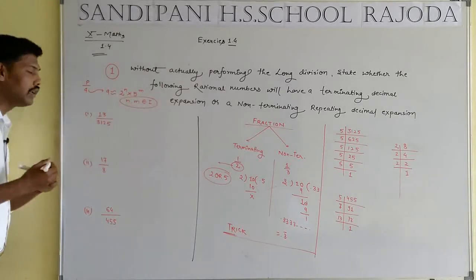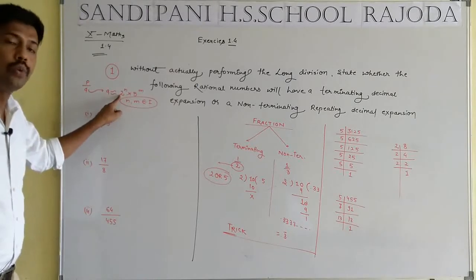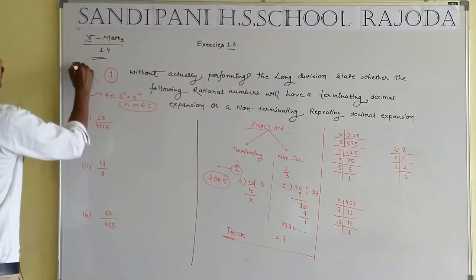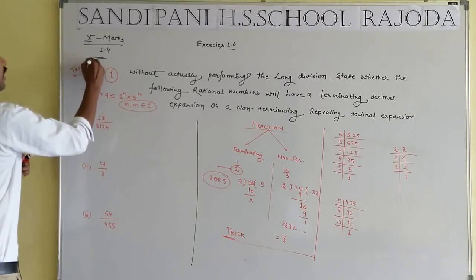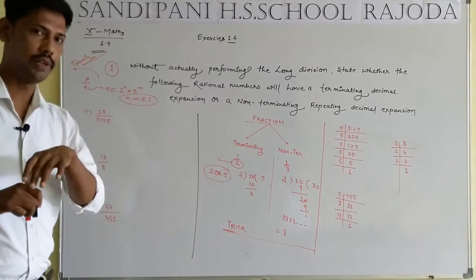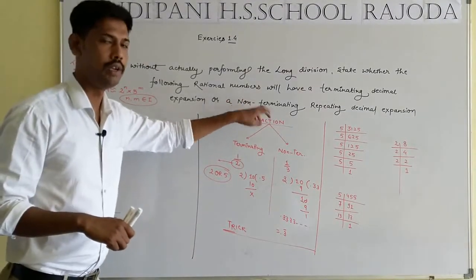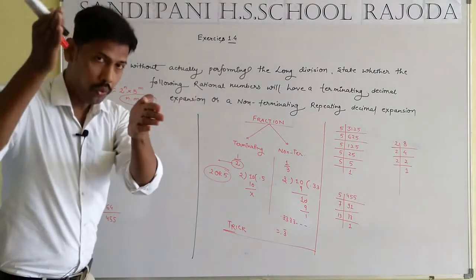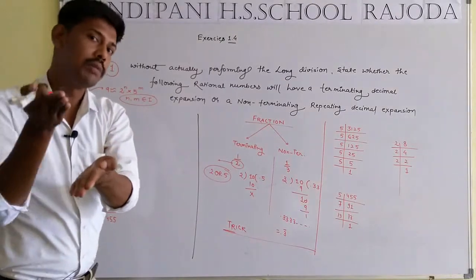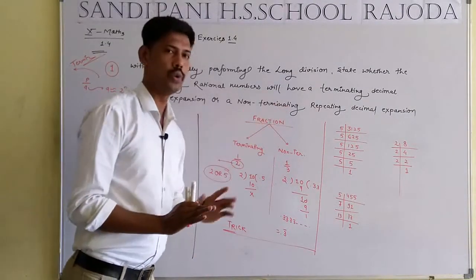That means if the denominator consists only of 2 or 5, the fraction is known as terminating. Apart from 2 and 5, if another number is in the denominator, it is known as non-terminating. 2 or 5 only means terminating. इसके अलावा कोई भी नंबर है that means non-terminating.